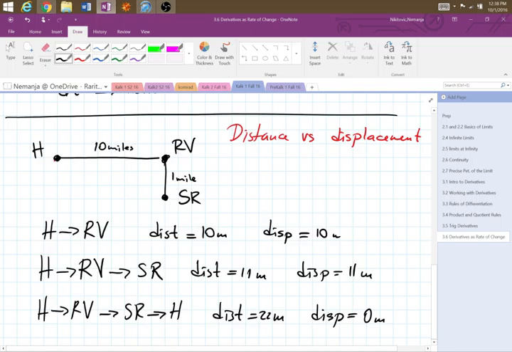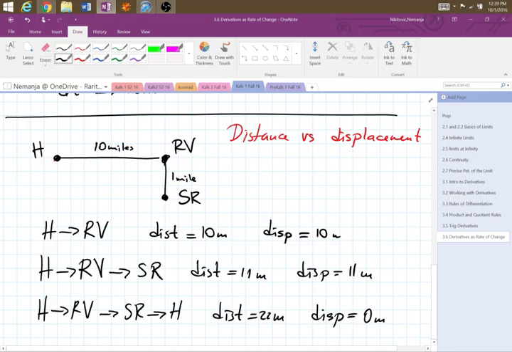So this is where you sleep, right? This is where the day begins. So we take that as a reference point, and if you went to RVCC, you covered a distance of 10 miles, and the displacement from your original position is also 10 miles. If you go the trip like this, you're 11 miles away.